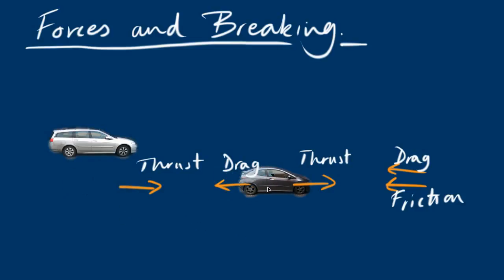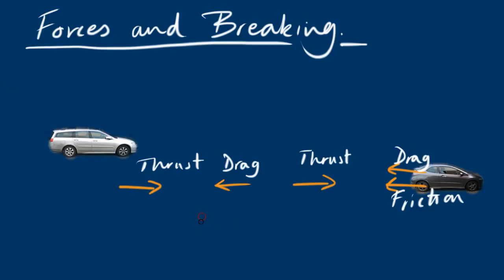Then at cruising speed, there is a balance between the thrust forward and the air resistance backwards. Then finally, there is a friction backwards as well. That means the overall force is now backwards and the car decelerates. But can you see that all of the forces in this situation are smaller than previously?